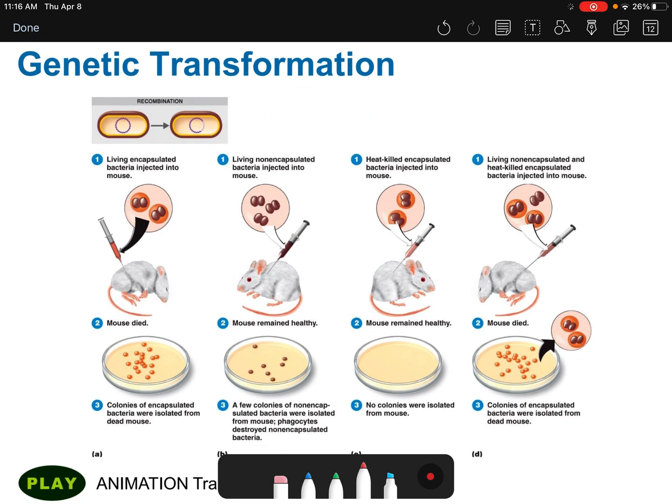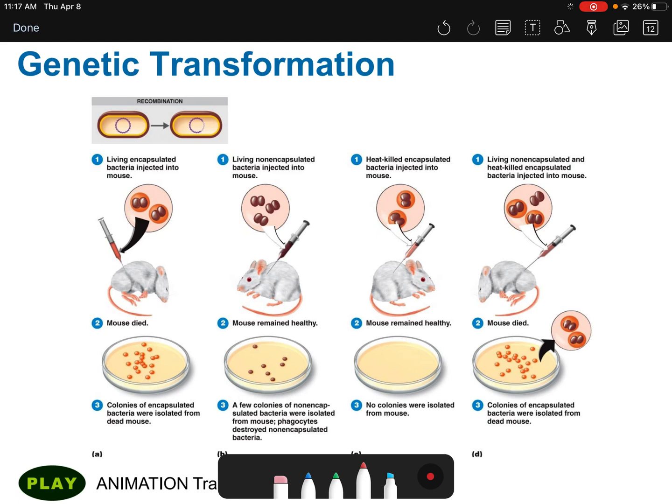Transformation is a process whereby bacteria can pick up donor DNA from their surroundings, and incorporate that into their genetic chromosome, and now they'll have some of those traits that they didn't have before.